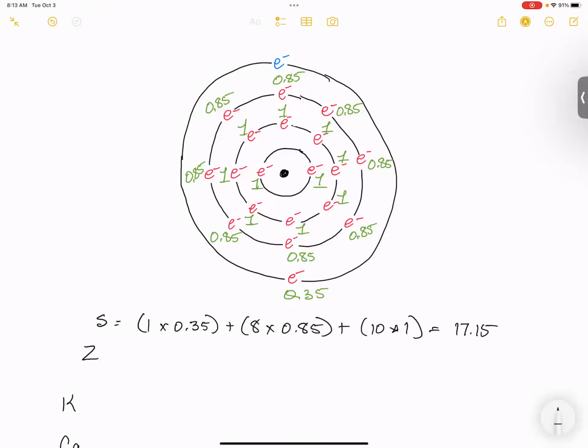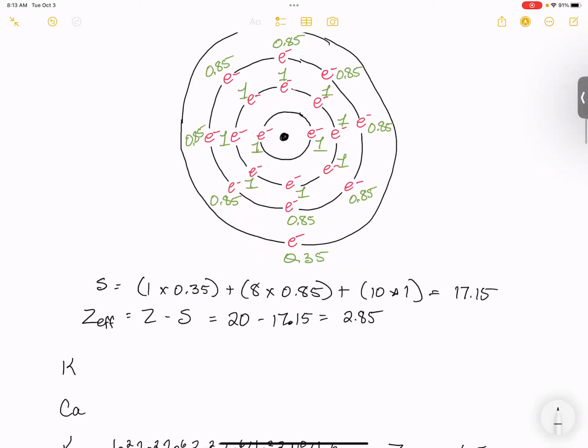So our Z effective, which is equal to the atomic number minus S, is going to be equal to 20 minus 17.15, which is 2.85.